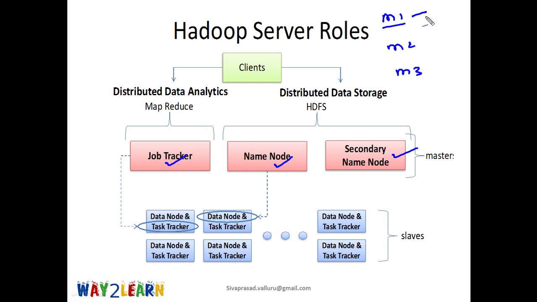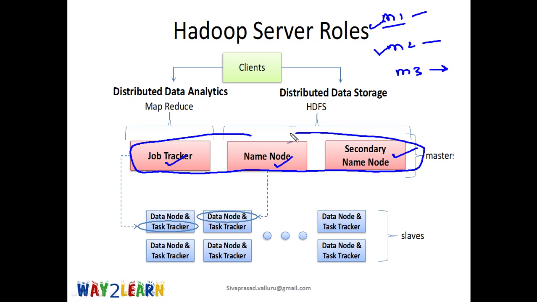On master 1 there can be job tracker running, on master 2 NameNode, and on master 3 secondary NameNode. Or you may decide to run job tracker and secondary NameNode on a single master and NameNode on a different master. It all depends on how you configure. But speaking at a high level, these are the 3 daemons which will be running on the master node.